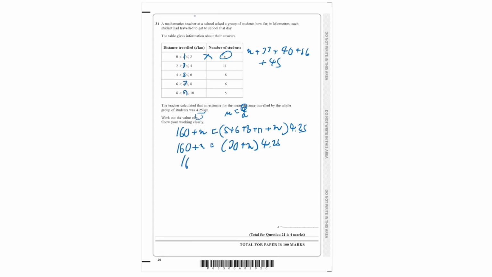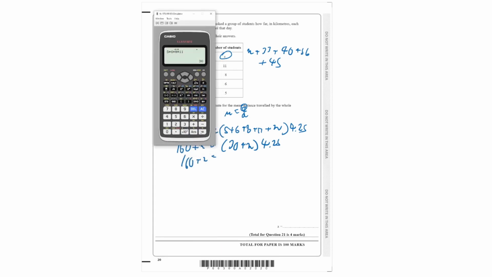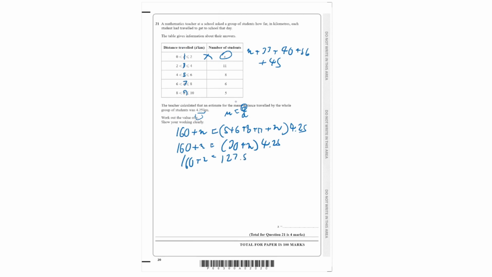And we can simplify this further. 160 plus x is equal to 30 times 4.25, which is 127.5 plus 4.25x. We can bring x to the other side and 127.5 to the other side.